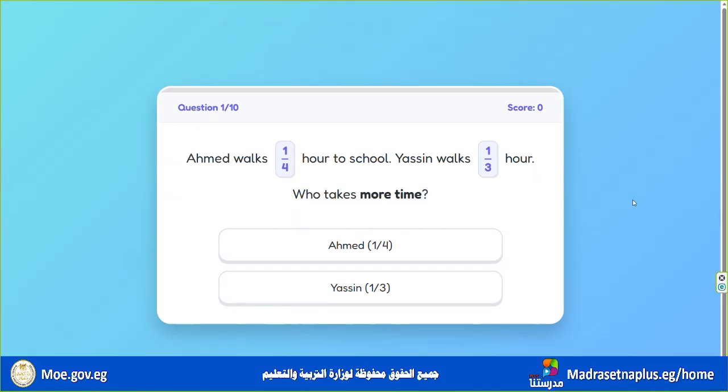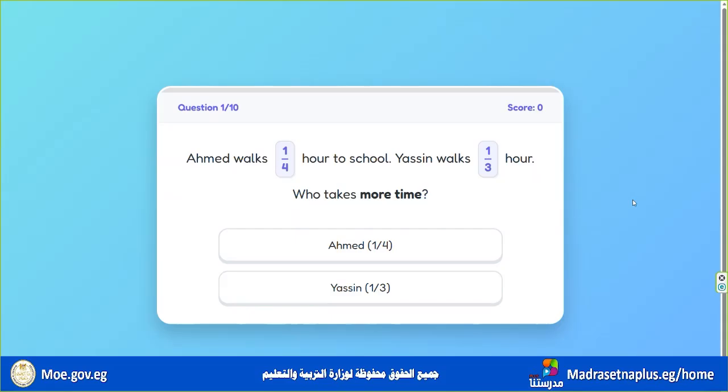Now, Ahmed walks 1/4 hour to school. Yasin, I called him Yasso. He was my little friend. So Yasso walks 1/3 hour. Ahmed 1/4, Yasin 1/3. Who takes more time?